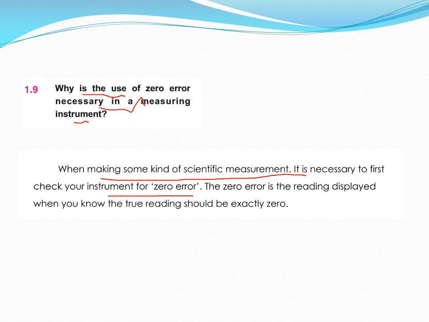That is, your measuring instrument, for example, Vernier calipers, screw gauge, stopwatch, etc., should have no zero error, then your reading would be correct. So that's why noting the zero error of a measuring instrument is very necessary. Otherwise, you may get a wrong measurement.